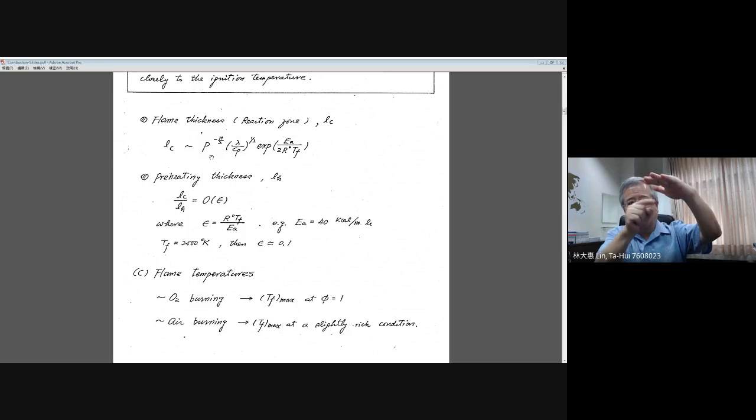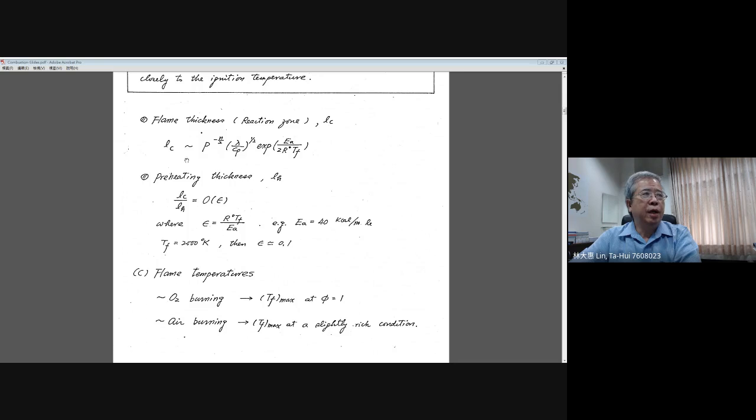Then you can have more points to insert a thermocouple, or maybe a suction tube, because you want to do concentration measurement. When you enlarge these zones, you can insert your experimental instrumentation at more points in the flame zone. And here they tell you the other important characteristic.